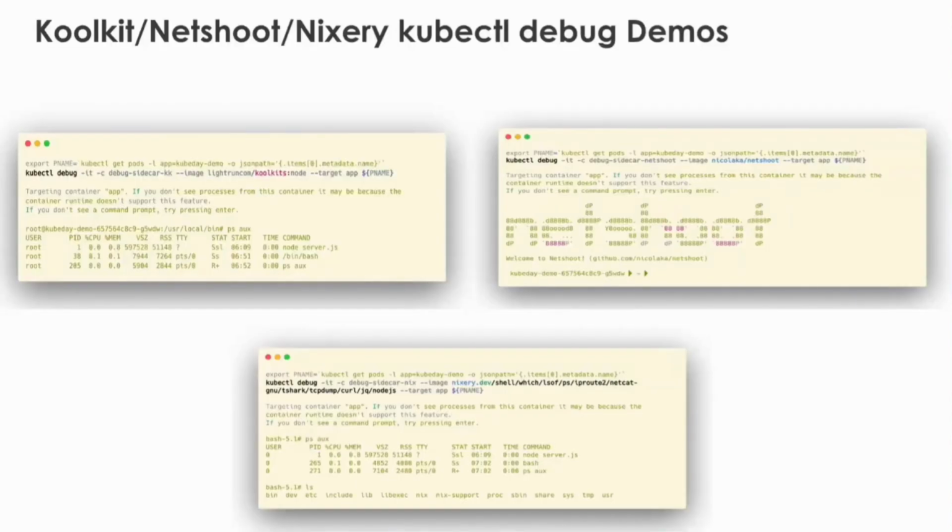So we'll have 3 demos. We'll look at how to debug a Node application, an application level demo, then a system debugging demo with strace, and then a demo that shows how to make the debugging experience look similar to what you're used to.